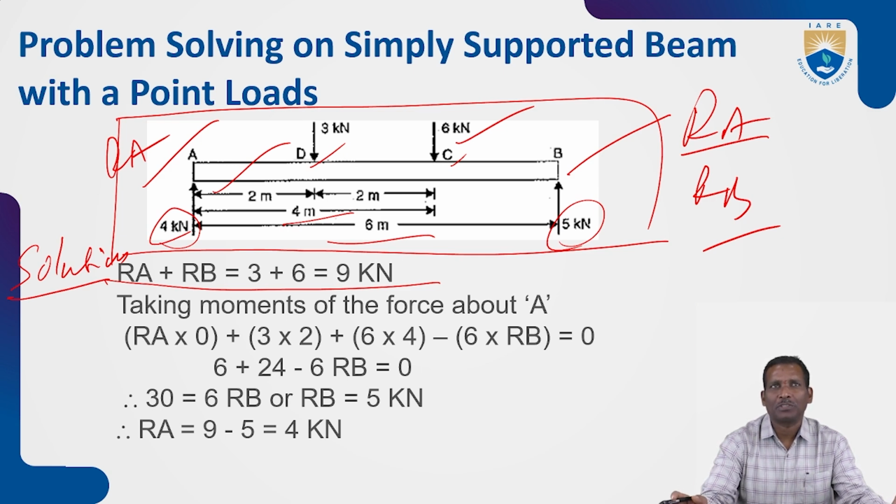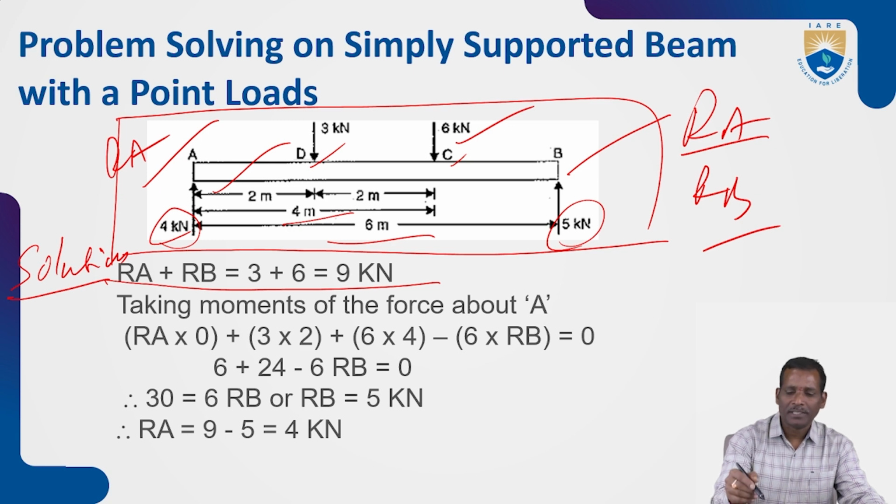In the case of a simply supported beam, the first step is to calculate the reaction forces. How do we calculate? The upward vertical forces and the downward forces are equal, that is, we equate them for equilibrium. The vertical loads are equal to the upward force. Here the upward force is RA plus RB, the reaction forces.